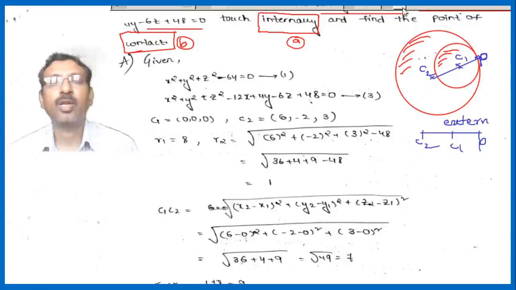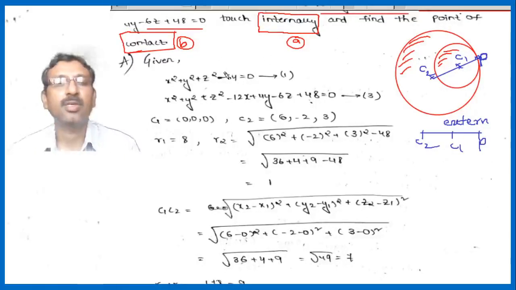Okay, let us go to the spheres. The given spheres are x square plus y square plus z square minus 64 equal to 0, this is the first sphere, and x square plus y square plus z square minus 12x plus 4y minus 6z plus 48 equal to 0.